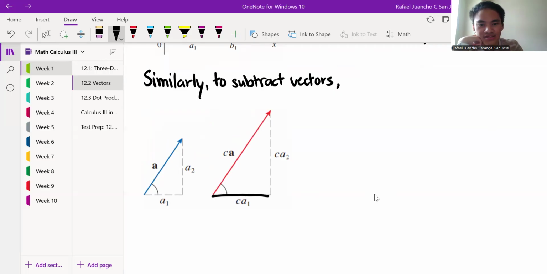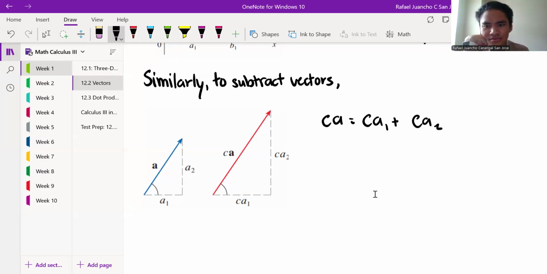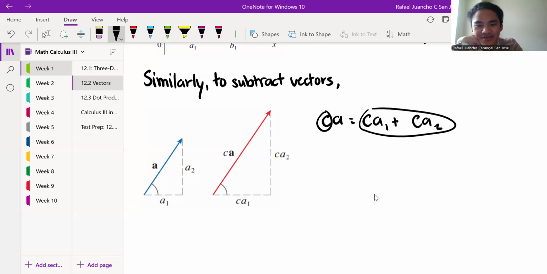So when we add this and this, we get this. So here we see that C is a scalar, is CA1 plus CA2. And so, yeah, that makes sense. Because whatever you multiply this with, you multiply it to here, right?